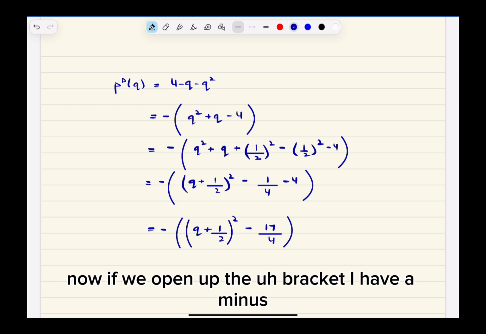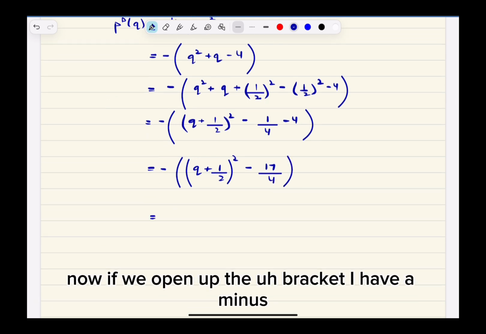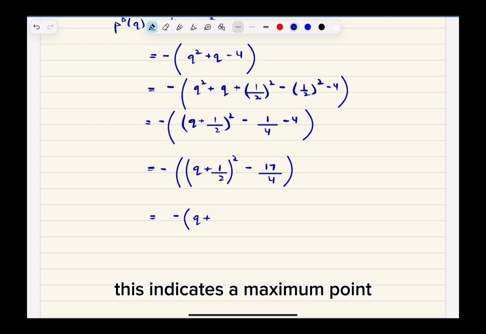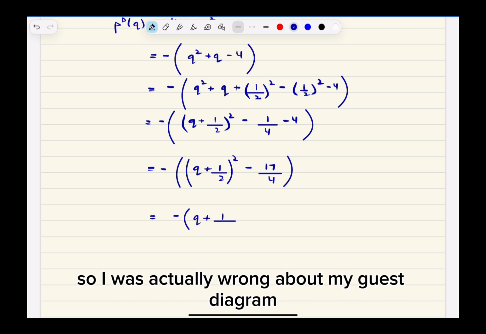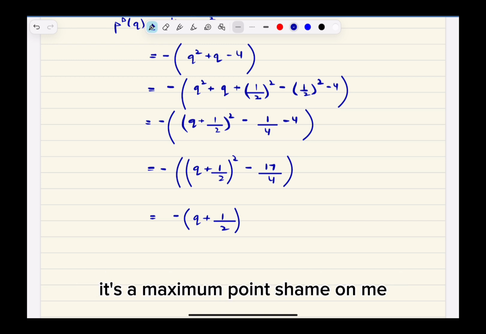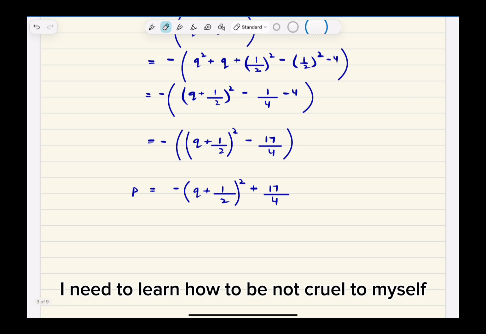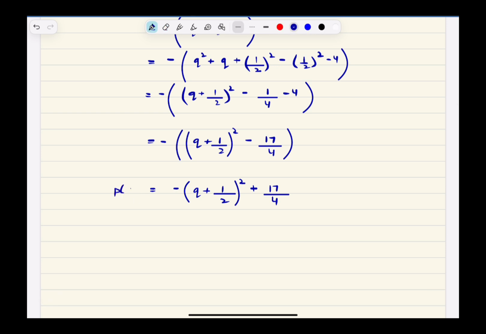Now if we open up the bracket, I have a minus, which indicates a maximum point. So I was actually wrong about my guess diagram. It's a maximum point. Anyhow, I need to learn how to be not cruel to myself.